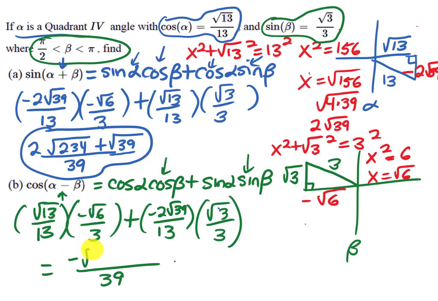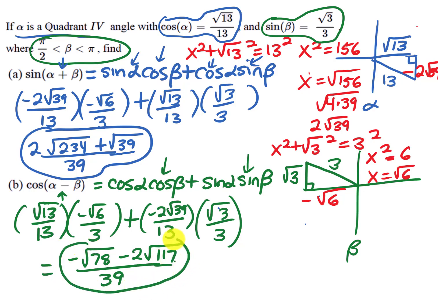Square root of 13 times 6, that is 78 under the square root sign. Then I have a negative 2 here, so that's still going to be negative 2 out in front, and underneath we got 39 times 3, and that's going to be 117, and so there is our exact answer for the difference there for the cosine.